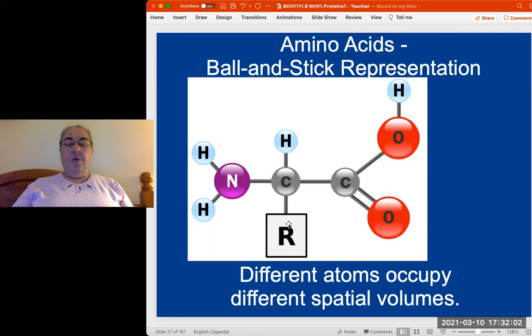And the R group, well, it depends which R group it is. We'll see soon, but some are very small and some are very large. So here we see the 4 groups again arranged around the alpha carbon atom. And I want you to notice this double bond between the carbon and the oxygen here.